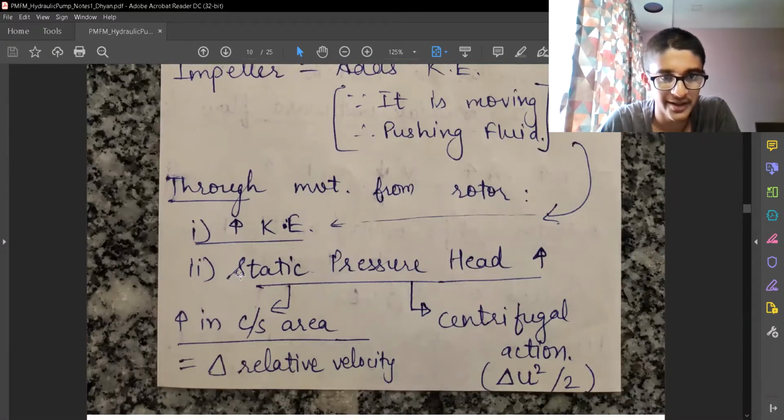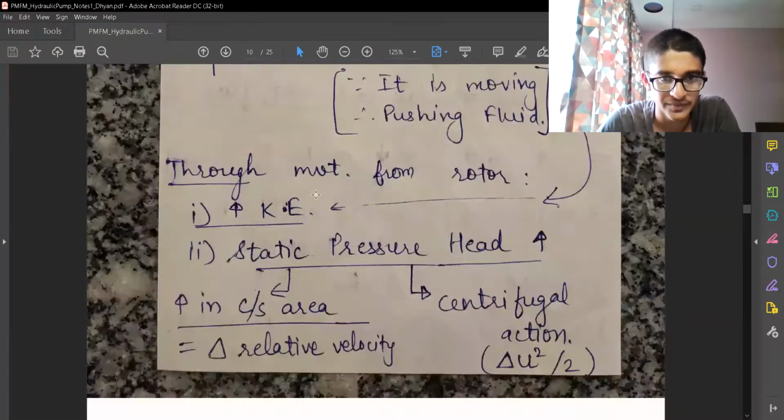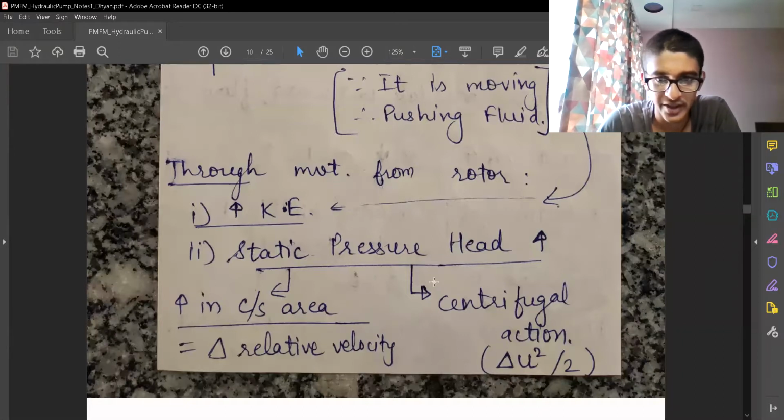So it increases the kinetic energy, and the static pressure head also increases. And this is because of increasing cross section area and centrifugal action also happens. Since the velocity of the blade is also changing, the change in velocity of blade also leads to a centrifugal action.